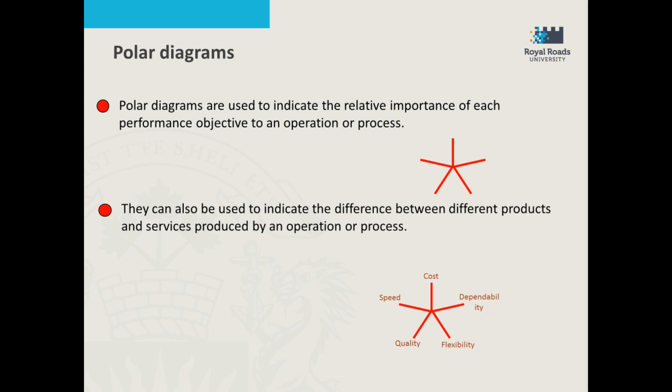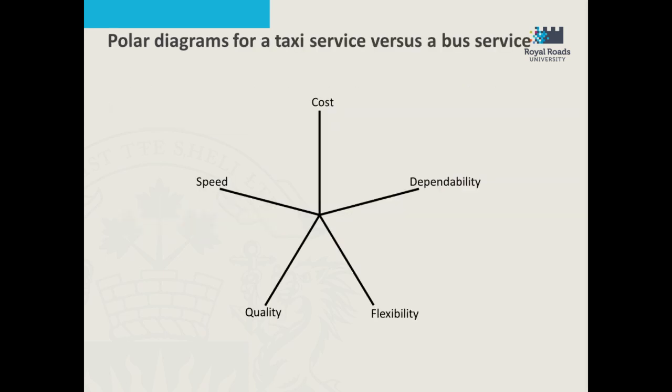So again, the whole idea is first to define a process, then we discuss each of these performance objectives. Now we can graphically assess each performance objective, correct? So let's see here, for example, cost, speed, quality, flexibility, dependability. So we can compare the performance of one operation relative to another operation.